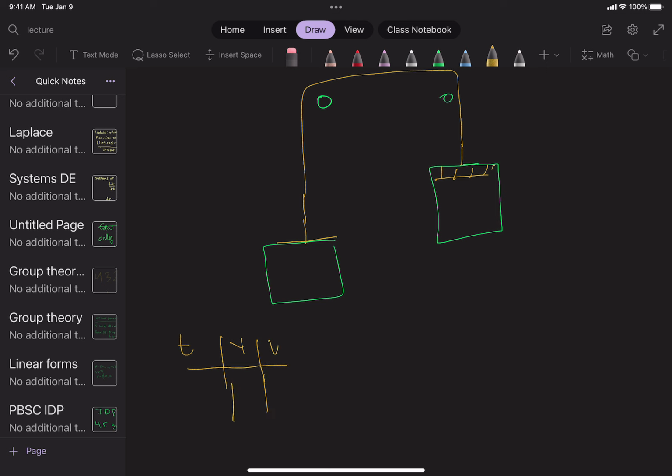Again, you're going to take away some more mass from this one and add it onto this one. So this is the ascending mass, and this is the descending mass. You're going to take away some mass from the ascending mass and put it onto the descending mass.